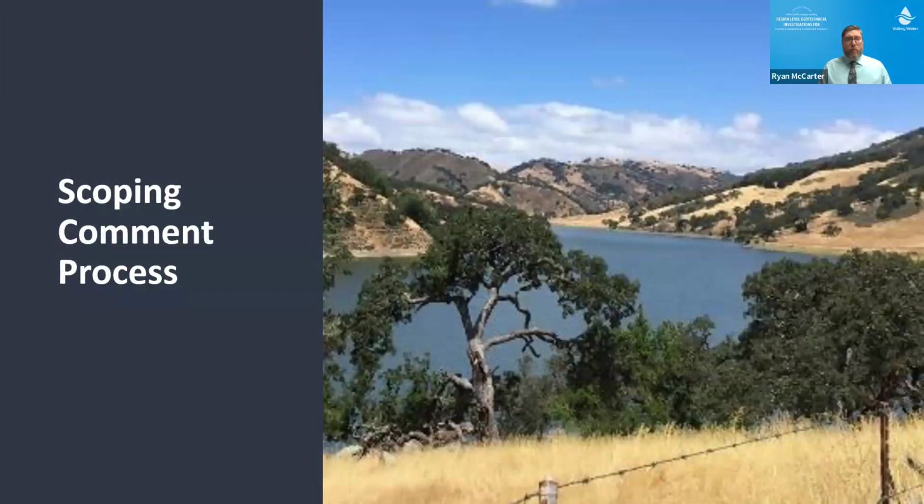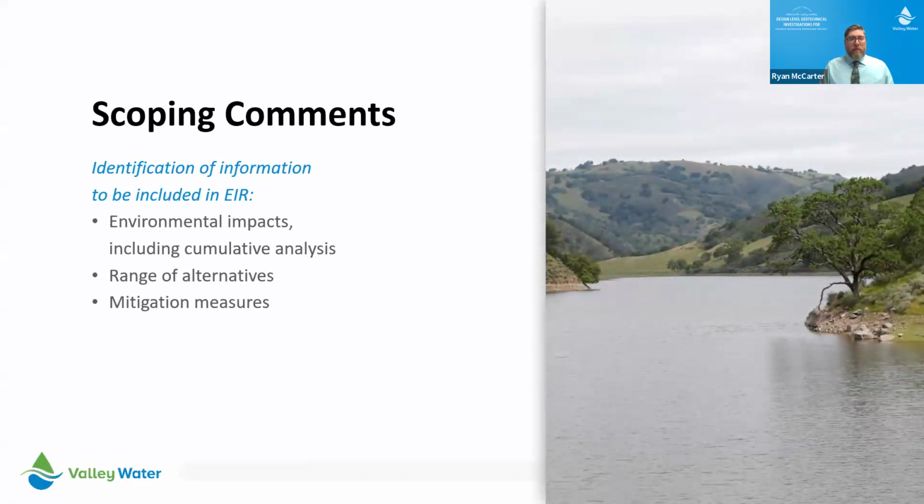Okay, so that brings us to the scoping comment process. Again, we're really looking to gather information from the public and agencies to identify information to be included in the draft EIR, including environmental impacts and cumulative analysis, as well as range of alternatives and mitigation measures. So that's what we're hoping to gather.